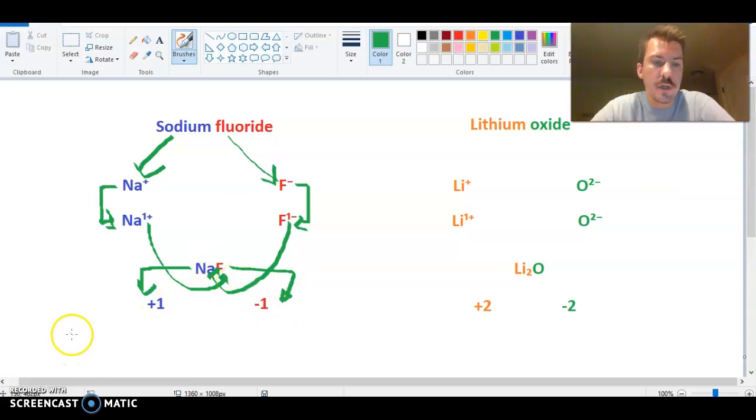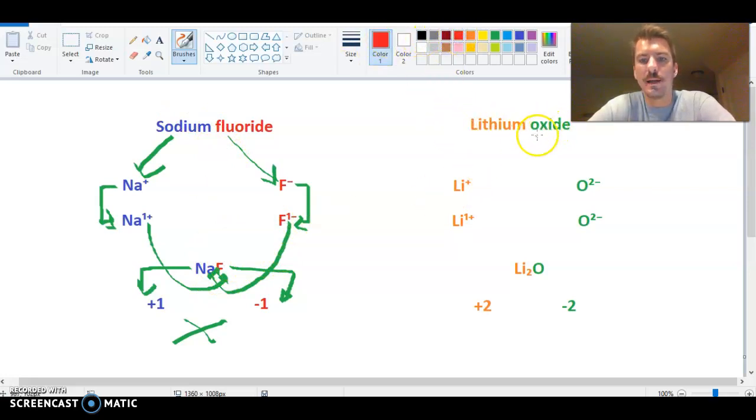So if we have a positive charge of 1 and a negative charge of 1, they cancel out, and we have a neutral compound. So sodium fluoride is written as NaF with one cation of sodium and one anion of fluoride.